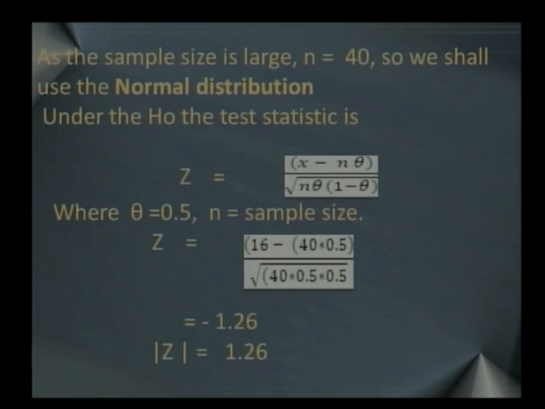So here also z equals x minus np upon root of npq, where 1 minus p is q. Here p is 0.05 and n is the sample size. z is 16 minus np, and the calculated value of z is minus 1.26; taking the mod, I get 1.26.